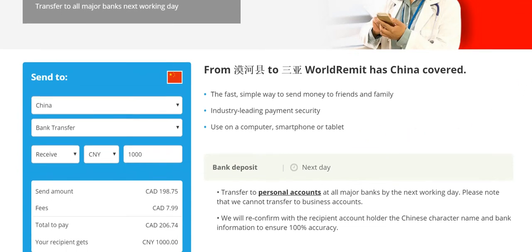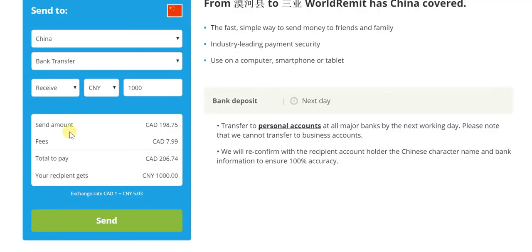Now for that, the send amount in your case would be 198.75 Canadian dollars with applicable WorldRemit fees of 7.99 Canadian dollars only, whereby the total to pay for you would be 206.74 Canadian dollars for the recipient in China to receive 1,000 Chinese yuan at the exchange rate of 5.03 Chinese yuan to a Canadian dollar.